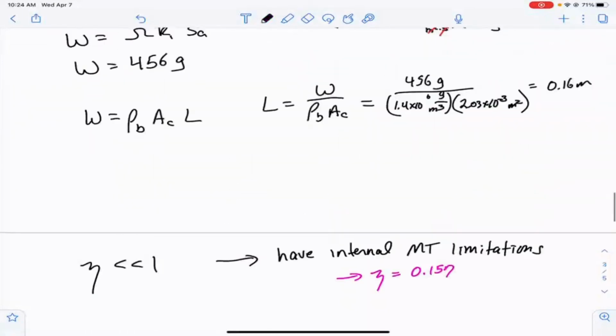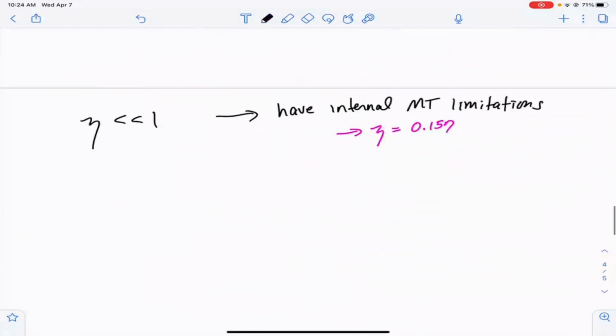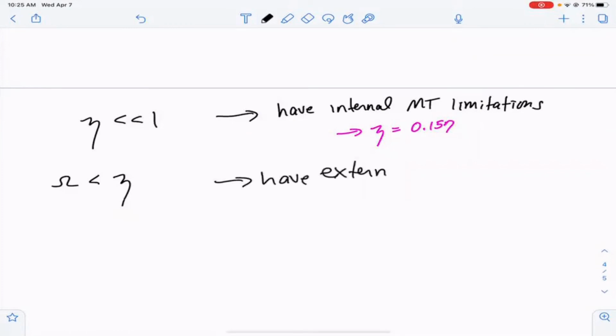The other thing is that if you look at how we calculate the overall effectiveness factor, the overall effectiveness factor can never be more than the internal effectiveness factor. And so a good criterion to look at is if the overall effectiveness factor is less than the internal effectiveness factor, then you have external mass transport limitations as well.